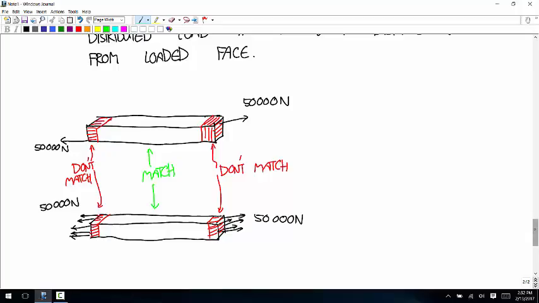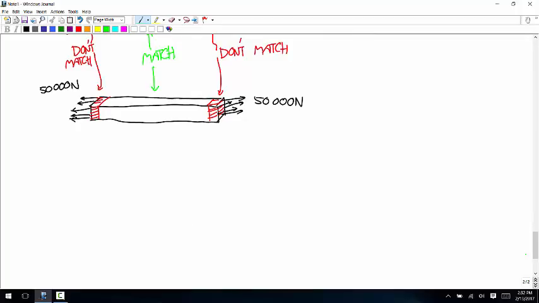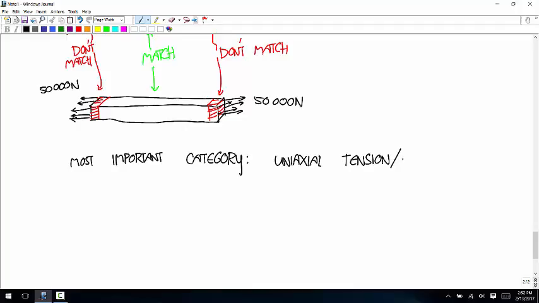Okay, so we're going to start out by dealing with, okay, so the most important category is non-uniform uniaxial tension or compression in bars.